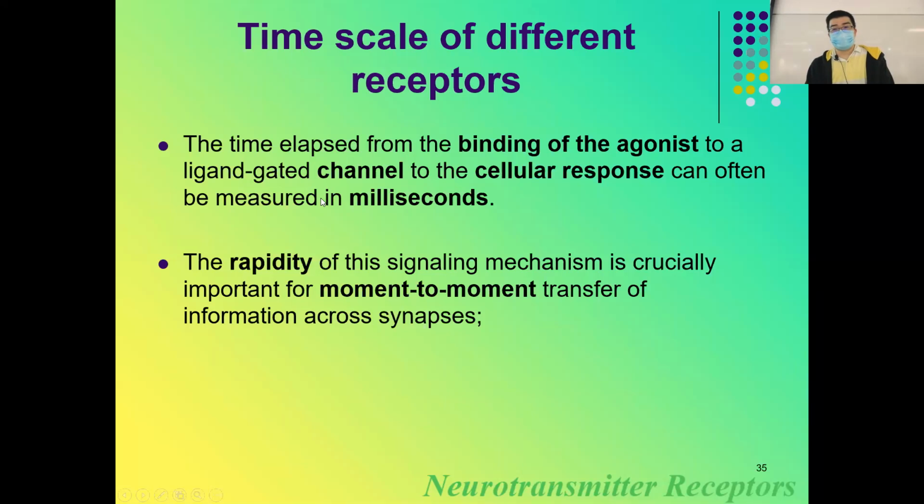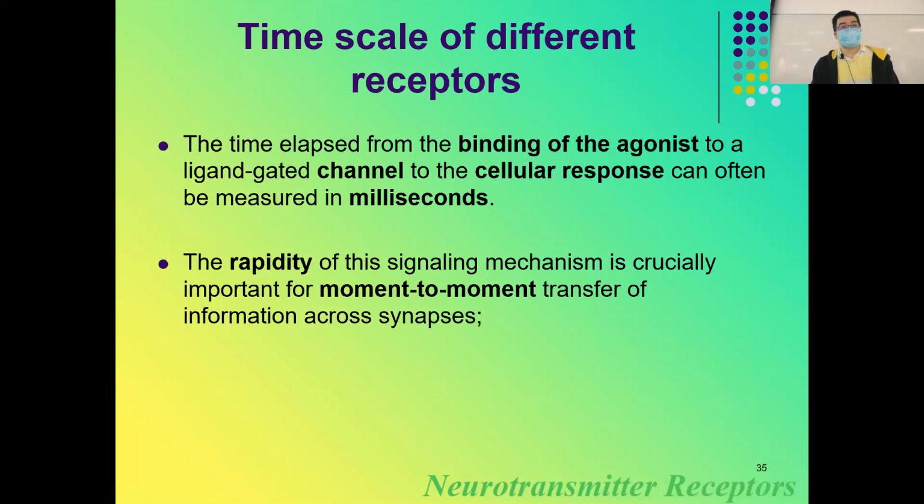Sometimes it needs a longer response because you need to change the characteristic of the cell to produce a long-term effect. Okay. So the time elapsed from the binding of the agonist to the ligand-gated channels will be very fast. Okay, that will be milliseconds.